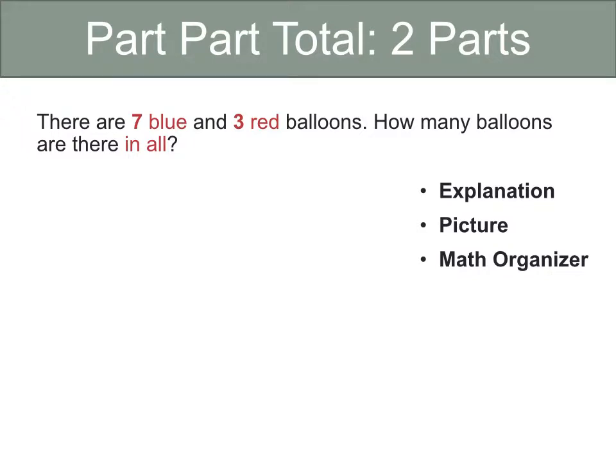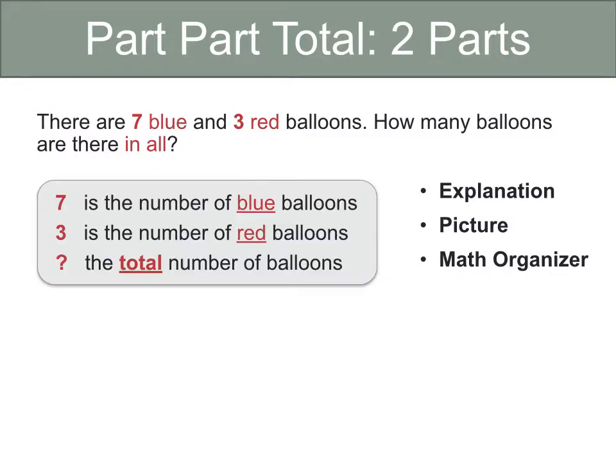The example demonstrates what models can be used with a part-part-total problem. Explanation. These three sentences of the explanation explain the meaning of each number and the meaning of the value we have to find.